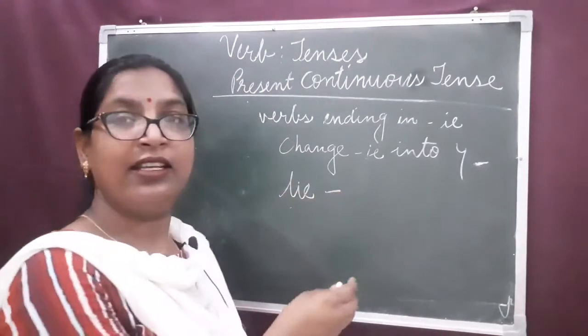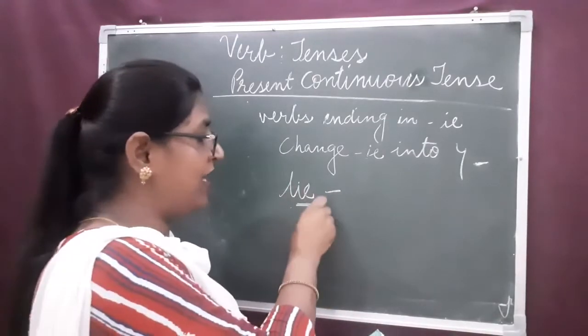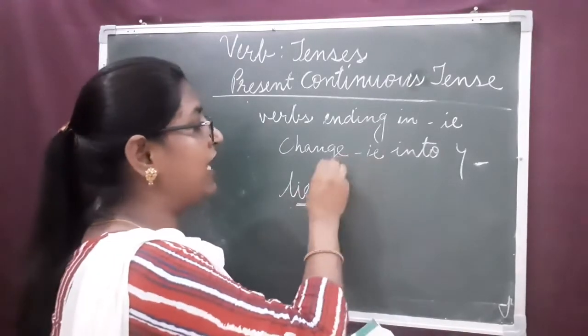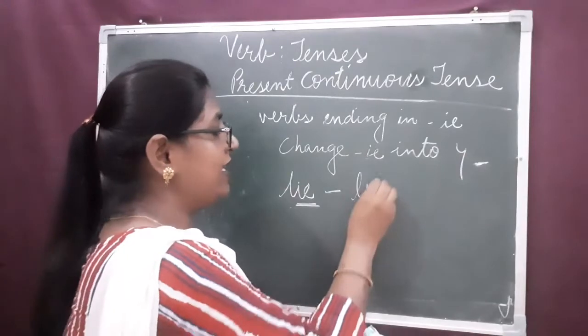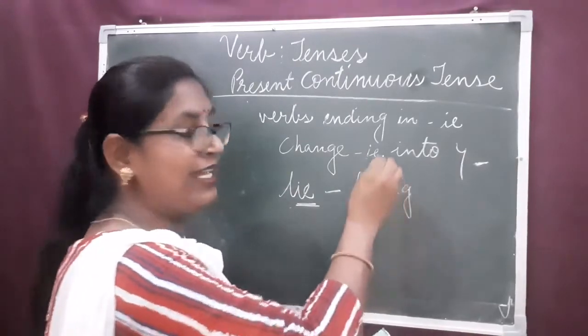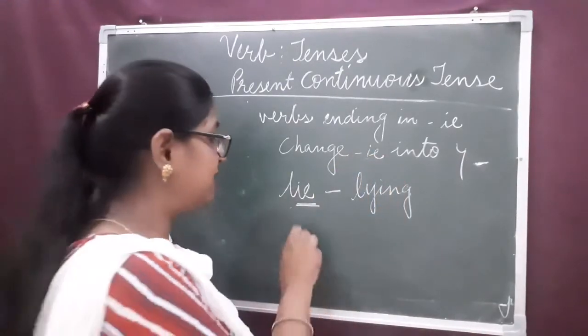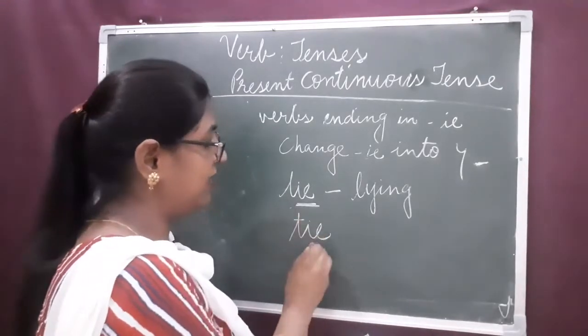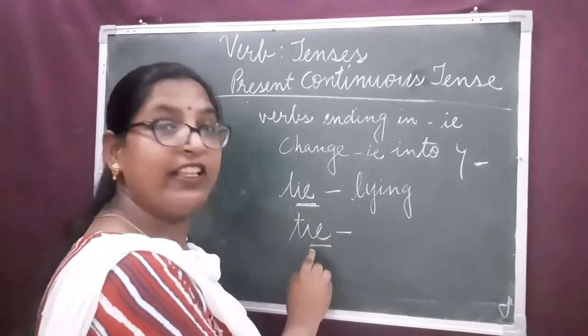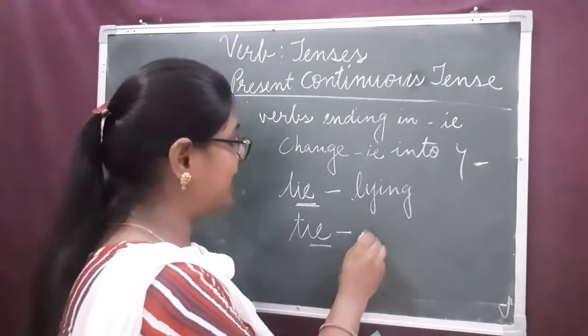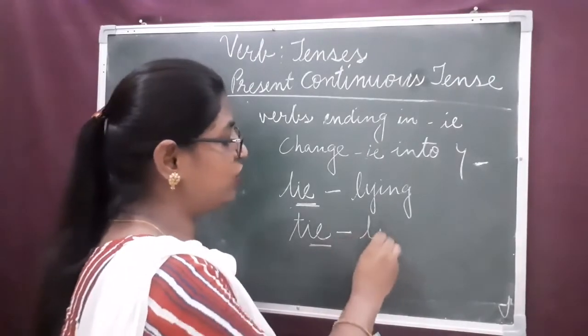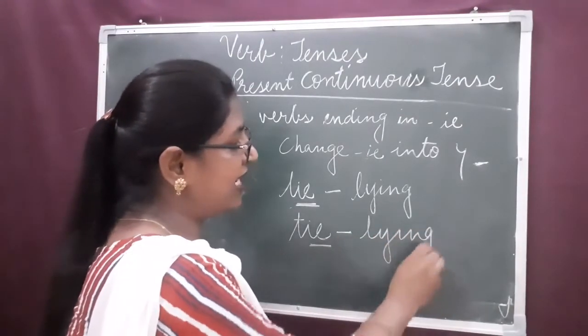Lie. Lie ending with IE. What do we do? IE is changed into Y. Lying. Tie. Ending with IE. So, tie, IE will be changed into Y. Tying.